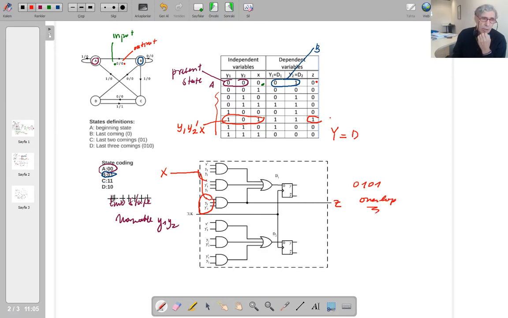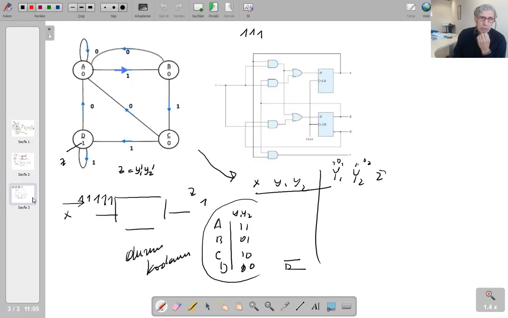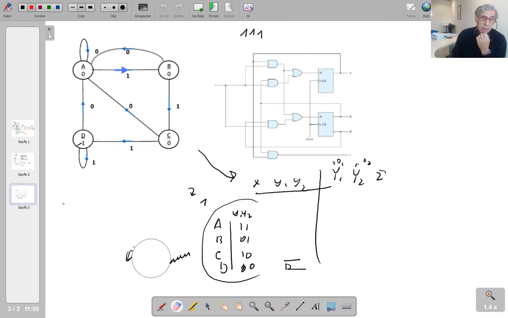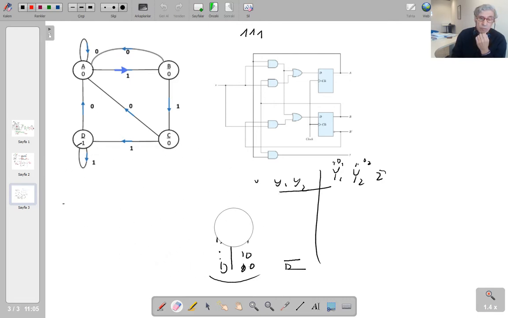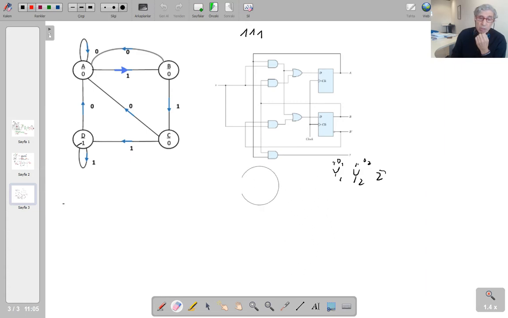The second sequence detector that we are going to examine is the 1, 1, 1 detector. That means 3 bits, one after another, if they are all 1, you're going to give the output 1. So once again, we've got states here.